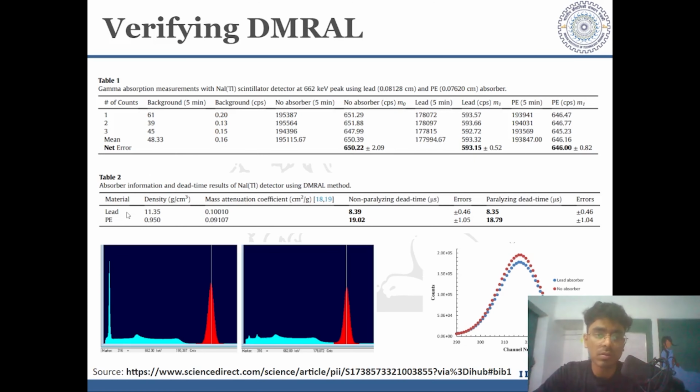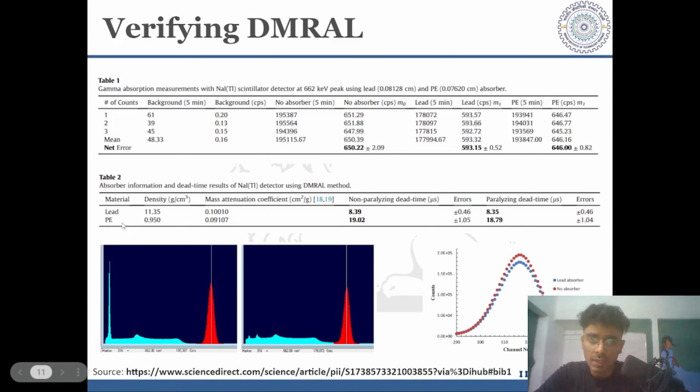After conducting all those mathematical equations and calculations, these were the recorded dead times. For non-paralyzing dead time, for lead we got 8.39 microseconds, and for polyethylene we got 19.02, and in paralyzing dead time we got 8.35 for lead and 18.79 for polyethylene.